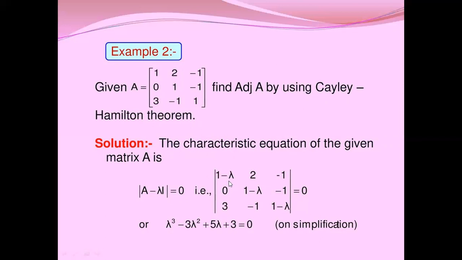So we get 1 minus lambda, 2, minus 1, 0, 1 minus lambda, minus 1, 3, minus 1, 1 minus lambda, of that equal to 0. On simplification of this whole matrix, we get the equation lambda cube minus 3 lambda square plus 5 lambda plus 3 equal to 0.